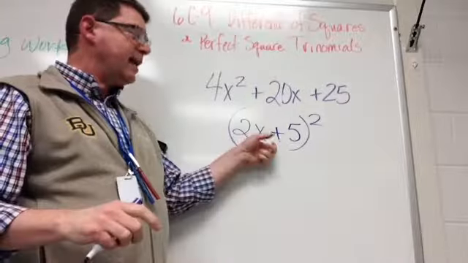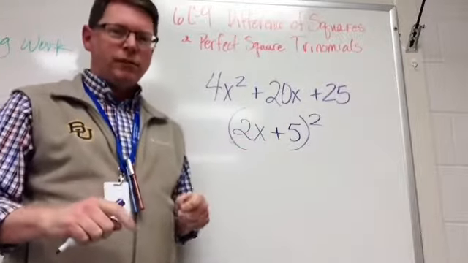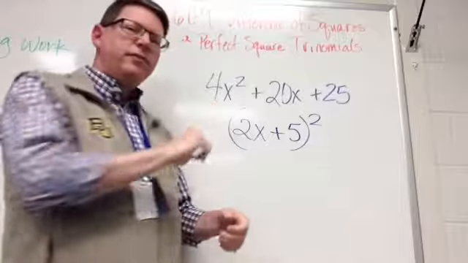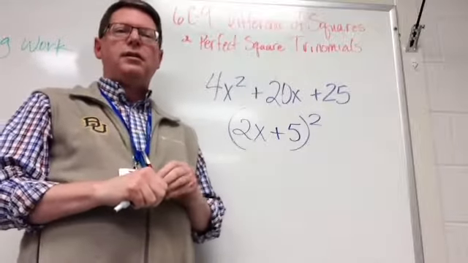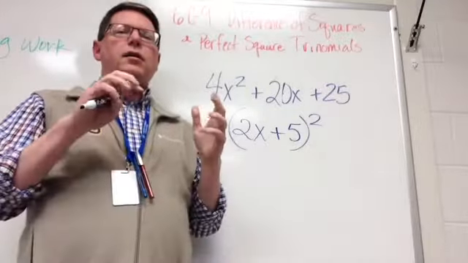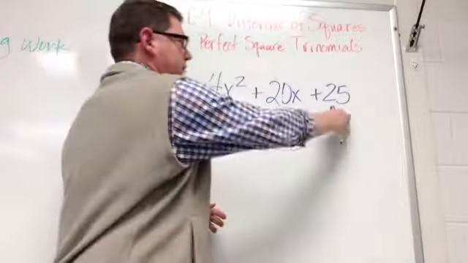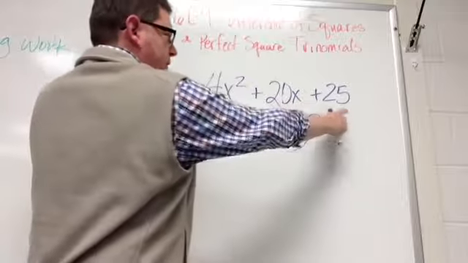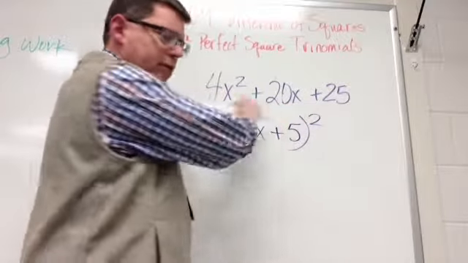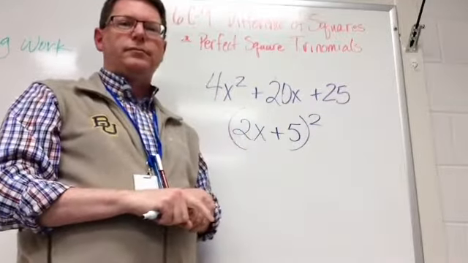And that is how you factor a perfect square trinomial that has a leading coefficient that's bigger than 1. Again, we have to look at it and see, is it a perfect square trinomial? Checking to see: square root times square root, doubled, equals the middle term, then it's a perfect square trinomial.